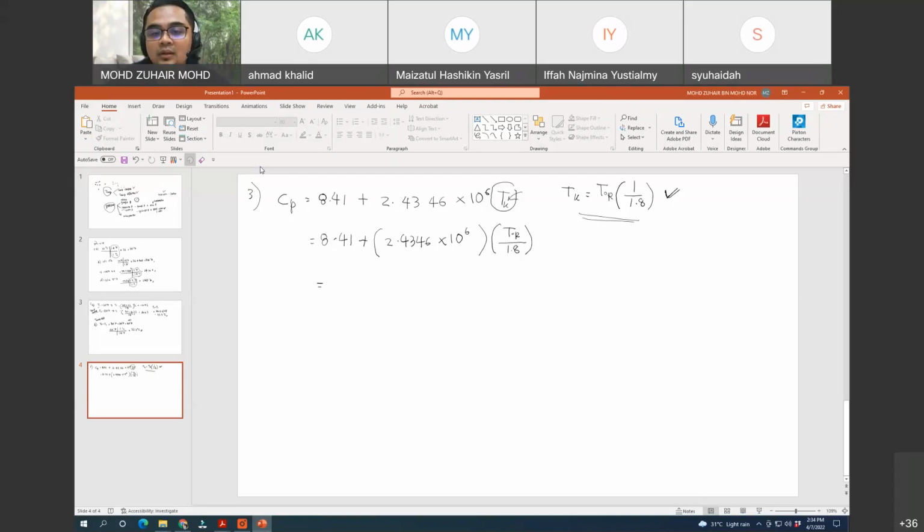So you will have to divide this into this. From this to this. This we're not going to change.